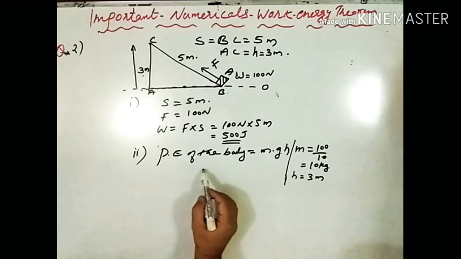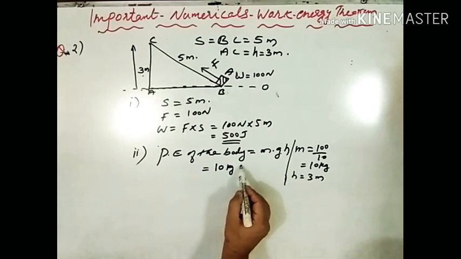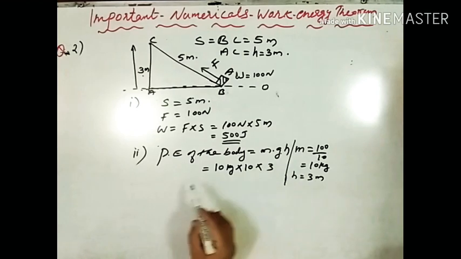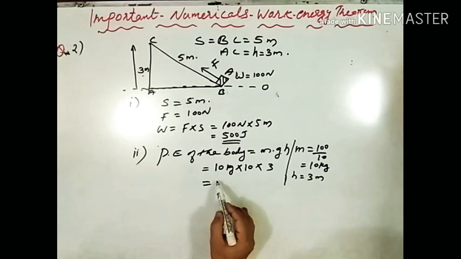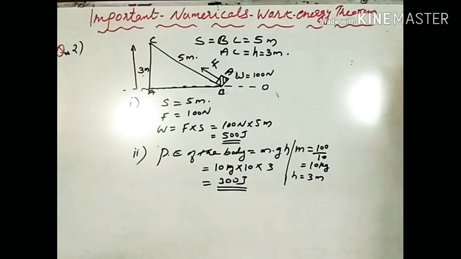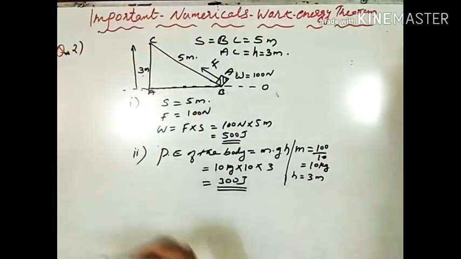So mass 10 kilogram into 10 into height 3, that is 10 into 10, 100. 100 3s are 300 joule.